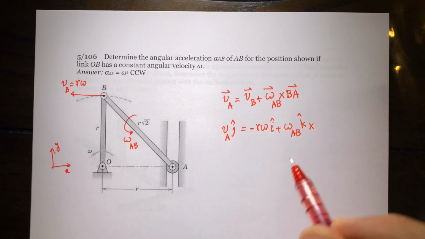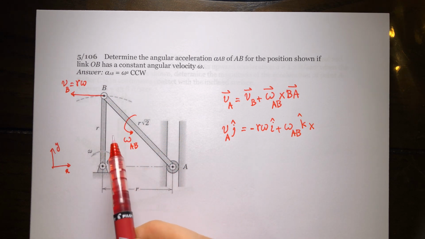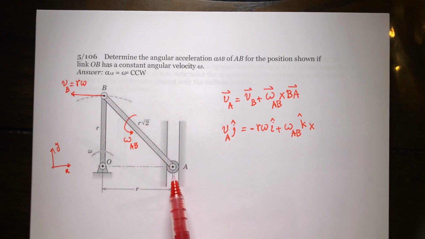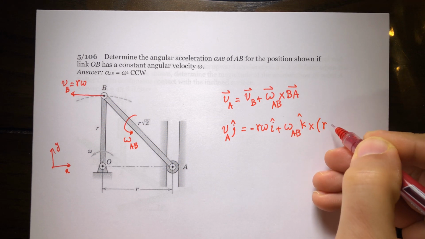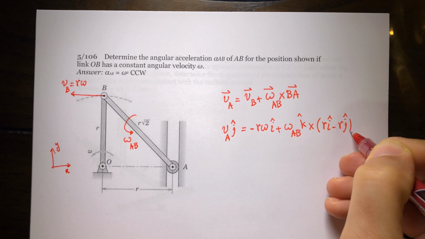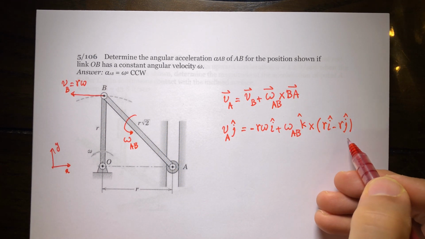Cross product to BA, this vector. So we need to write down this vector. And this vector is simply r in the I direction, negative r in the J direction. So it's going to be r I hat, negative r J hat. So let's do this cross product.